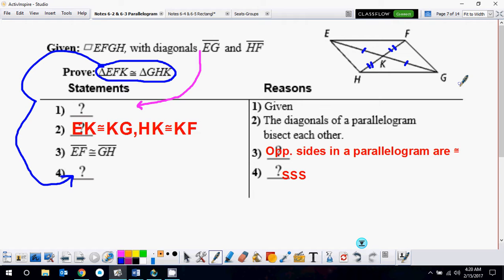It also says that opposite sides are congruent in a parallelogram because they're talking about EF and HG. So again, these two triangles are congruent by side, side, side.